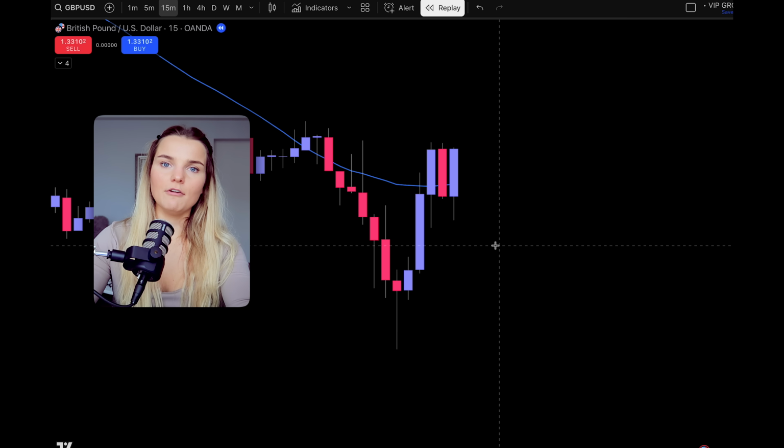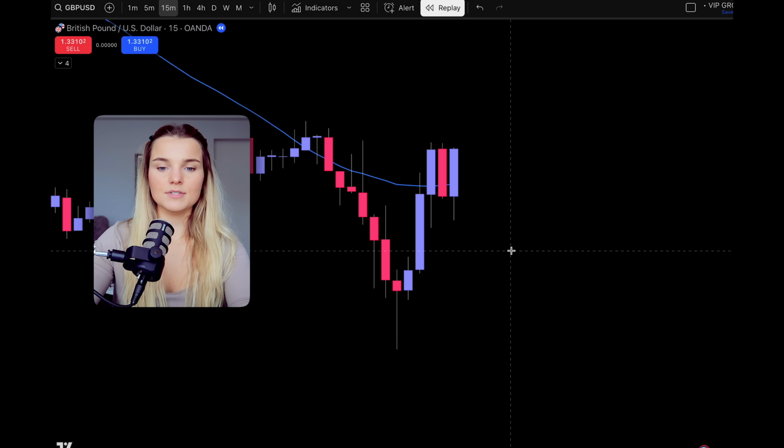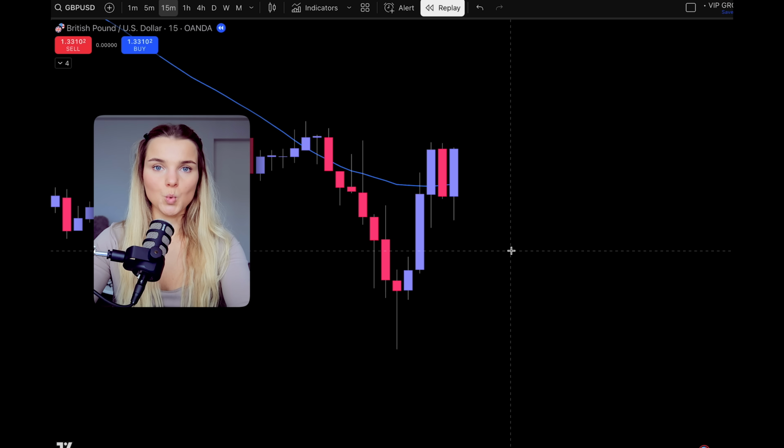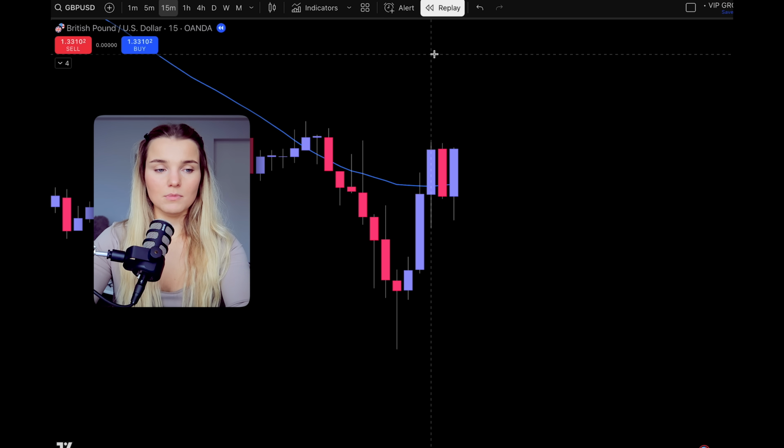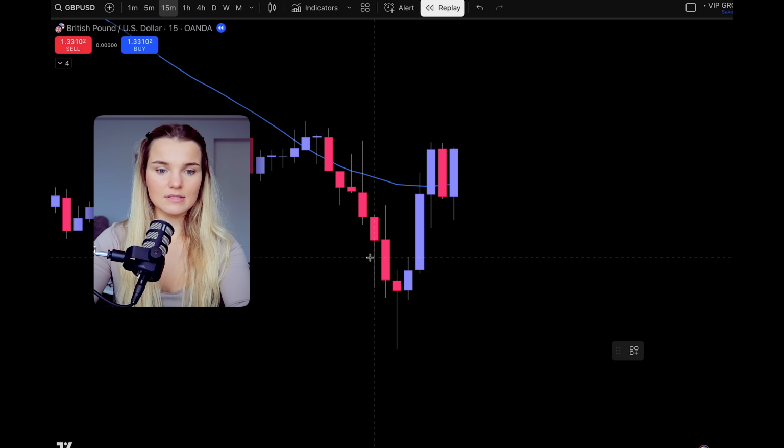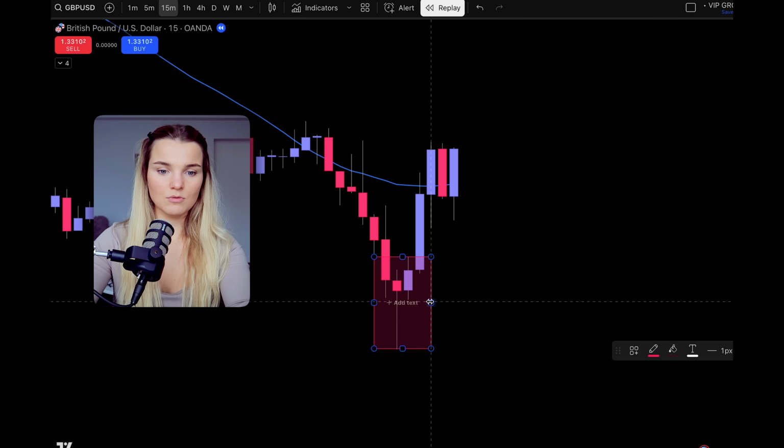Now, another easy way I filter trades daily is by using supply and demand zones. Sometimes I prefer setups where there is a 5-minute demand zone inside a larger 15-minute demand zone. So for example, this is GBPUSD on a 15-minute time frame, and I already see a strong demand zone right over here.